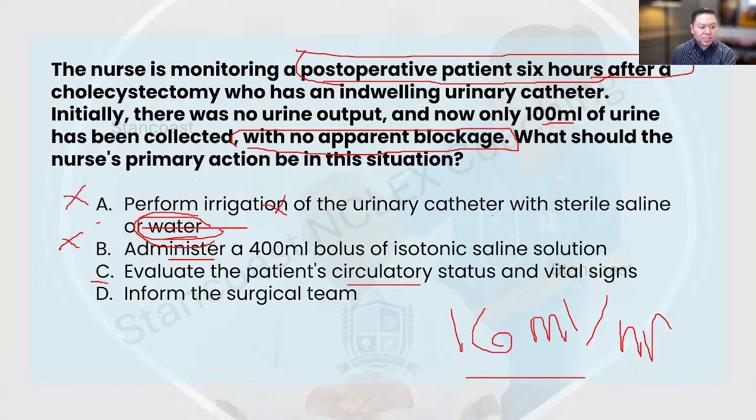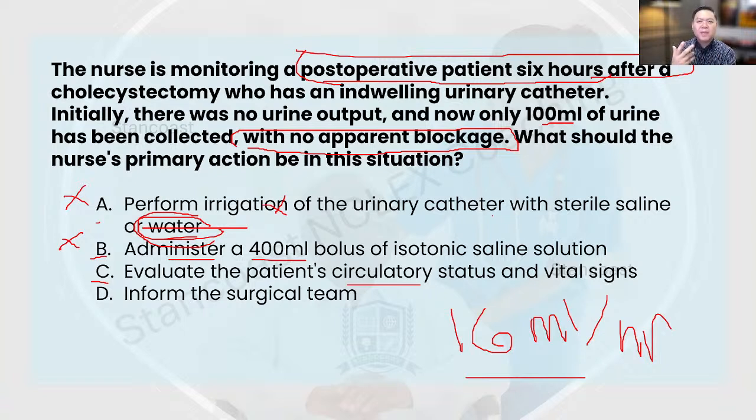Okay, letter C, evaluate the patient's circulatory status and vital signs. Seems like this is what we needed, right? And so, let me go back. I'm not done with B yet. The bolus is only intended in a case of hypovolemia. The patient might be depleted of circulating blood volume, let's say just dehydrated, and so we need to replenish that fluid.